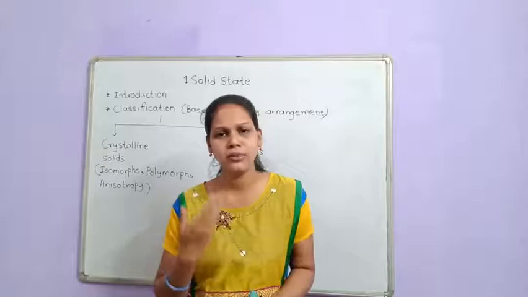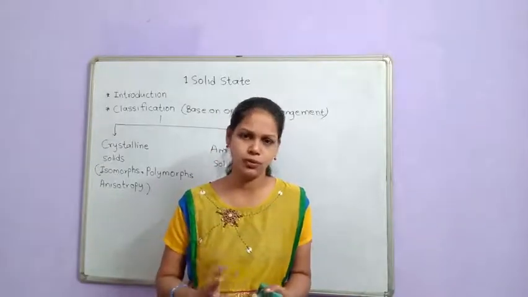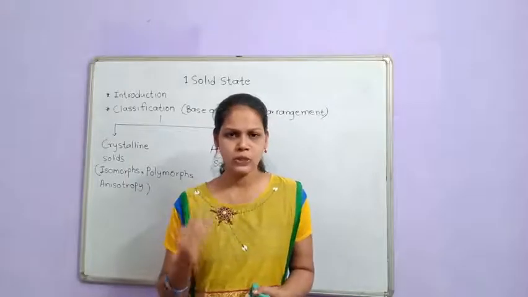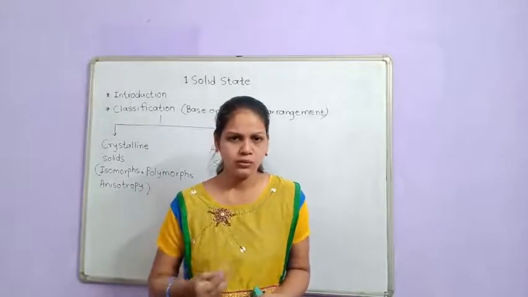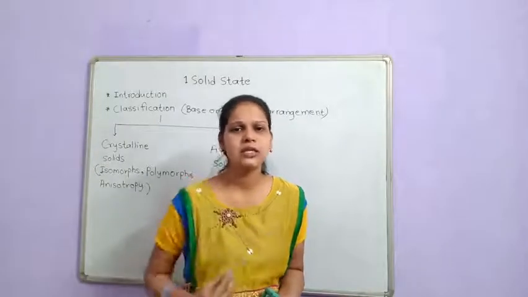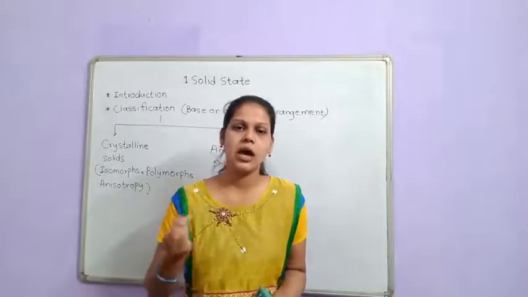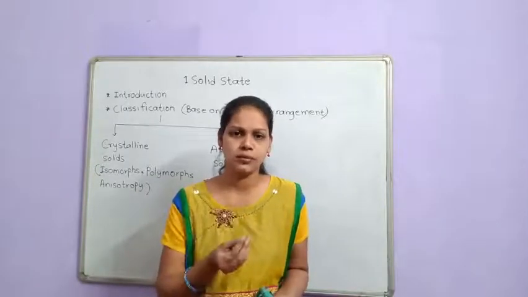Now we will move towards the classification of solids, which is given in your book. Classification of solids is based on whether the particles in the solid are in orderly arrangement or not.